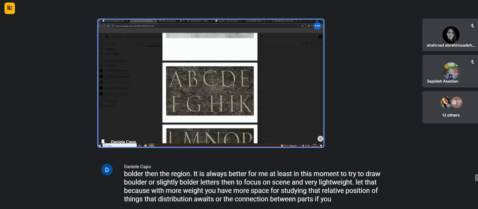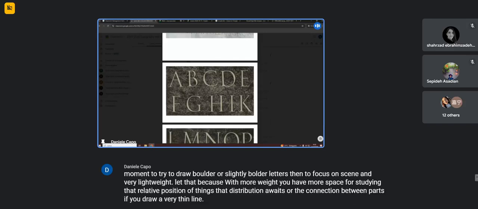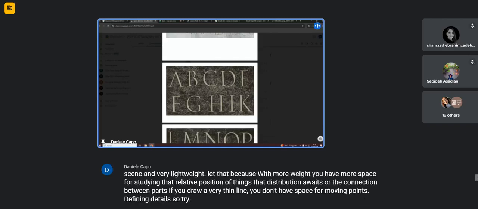If you draw a very thin line, you don't have space for moving points or defining details.